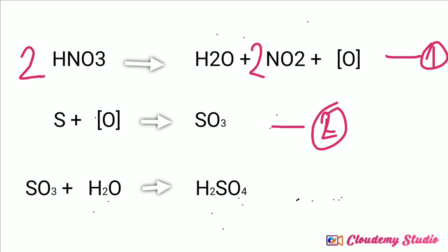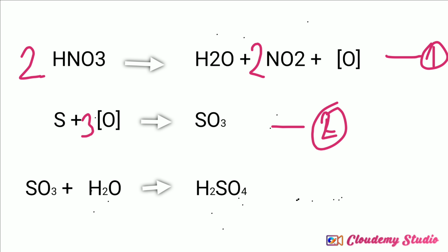The second equation also we need to balance. Sulfur is equal on both sides. But oxygen on the right hand side is three times, but the left hand side only one time. So this nascent oxygen we need to multiply by three times. Now the second equation is balanced. But at the second equation we have got 3 moles of nascent oxygen. These 3 moles of nascent oxygen are obtained from where?